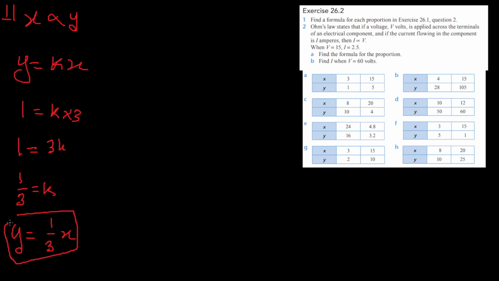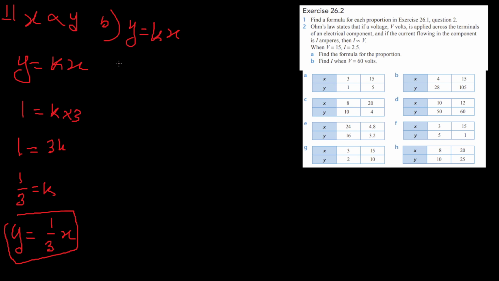So let's quickly do a few more of these. Let's do number B. So number B, we can just say this is 4 to 15. This is proportionate. So write y equals kx. And let's take 15 and 105.